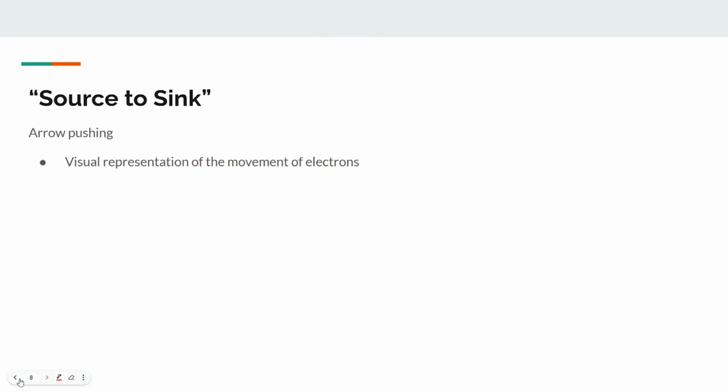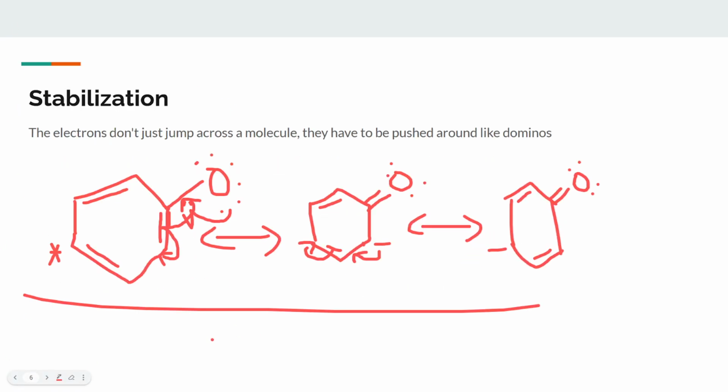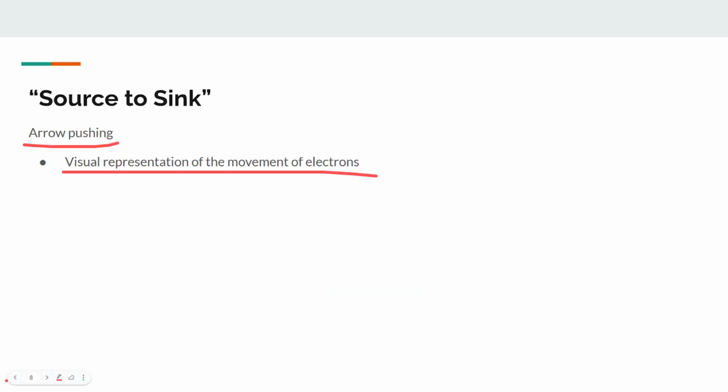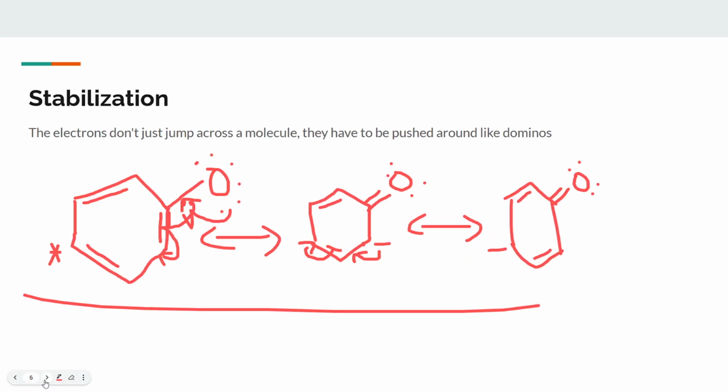And then the last thing I want to talk about is an introduction to arrow pushing. That's kind of what I'm doing back here, you see these arrows showing the movement of the electrons. That's all that is arrow pushing. It is just the visual representation of the movement of electrons going from source to sink.